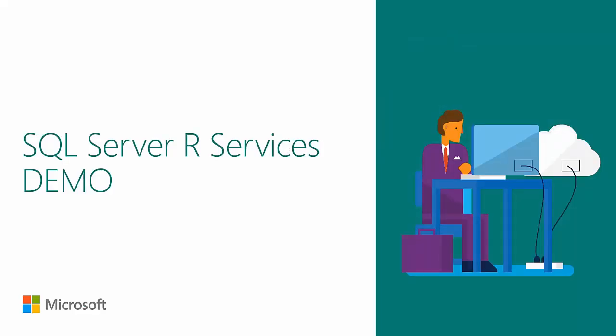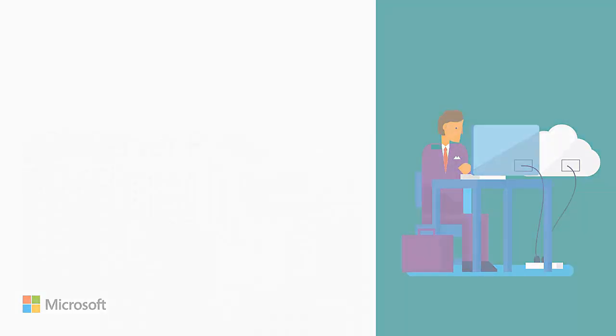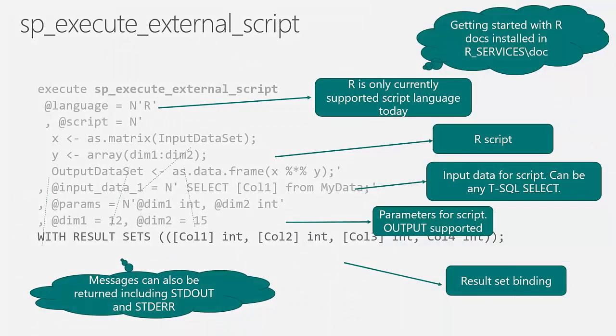Hey, we have a quick question on that slide. Someone asked, what is input data 1? Oh, yeah. So in the current release, we have support for only sending one data set from the T-SQL to the R script, right? So typically, if you look at an R script, it might take data from multiple tables. And in many cases, it could be unrelated tables, right?